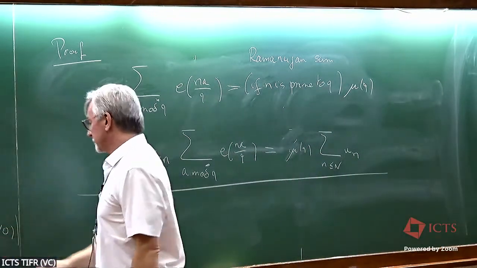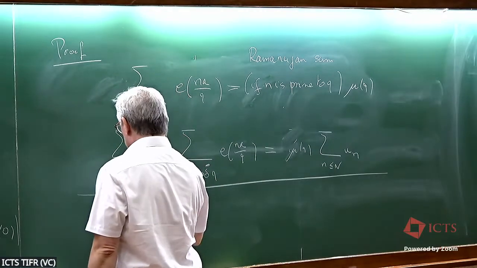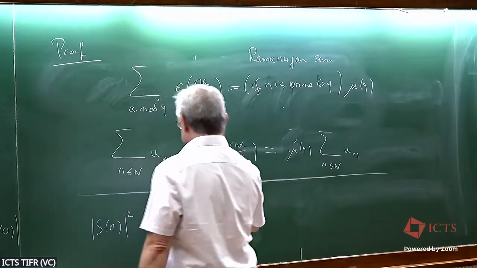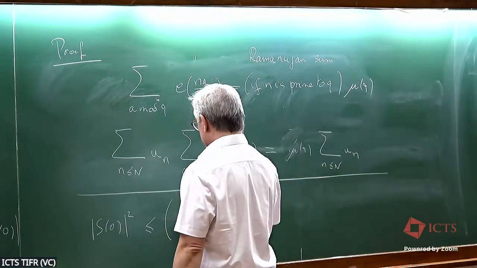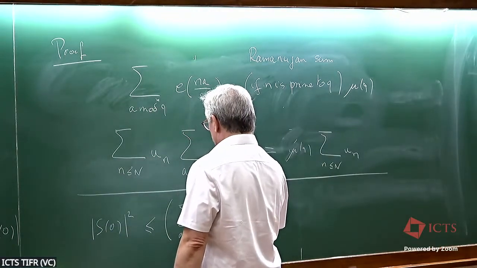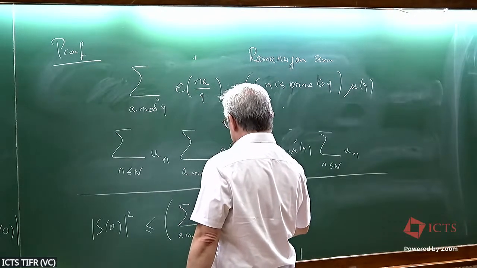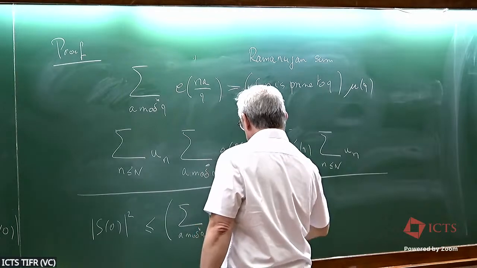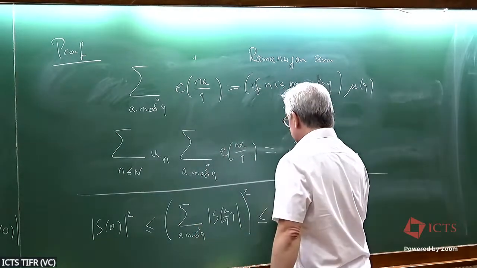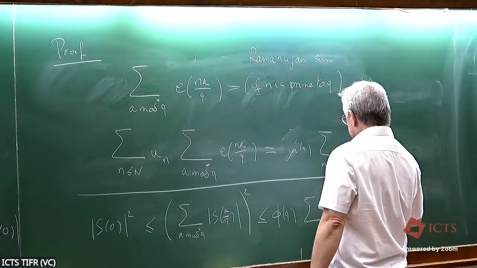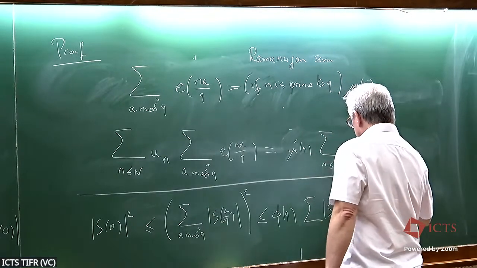Just apply, if you want to look at S naught square, then it is less than the sum for A mod star Q of S A by Q square, which is less than 5Q, the sum of S A by Q square.